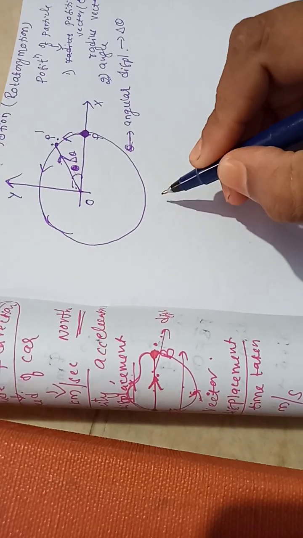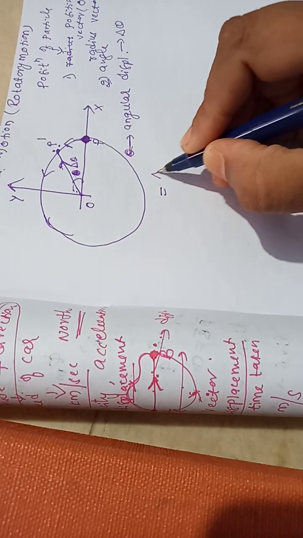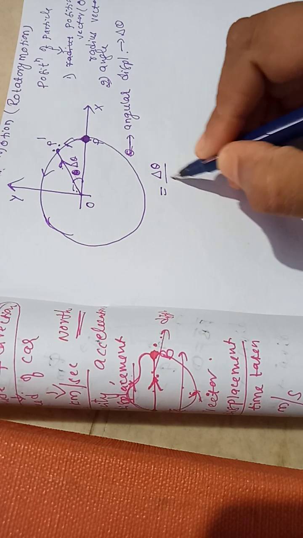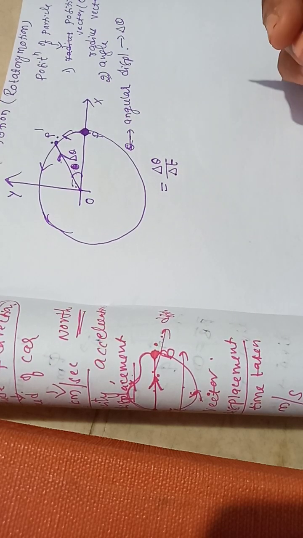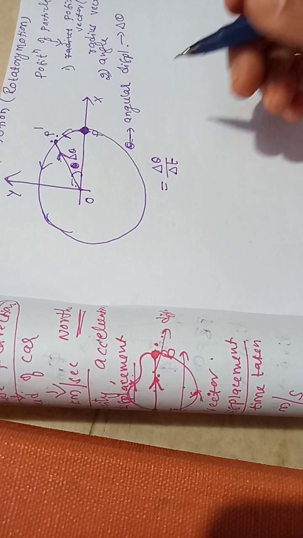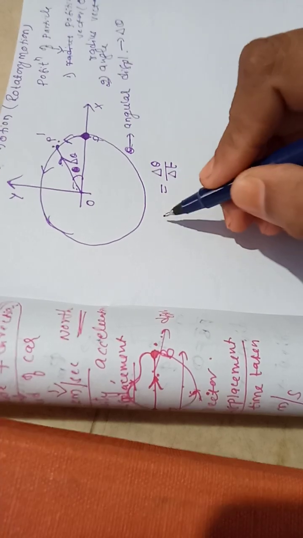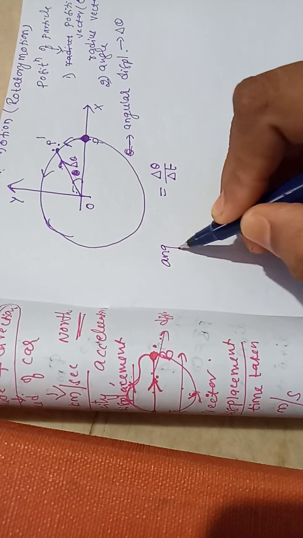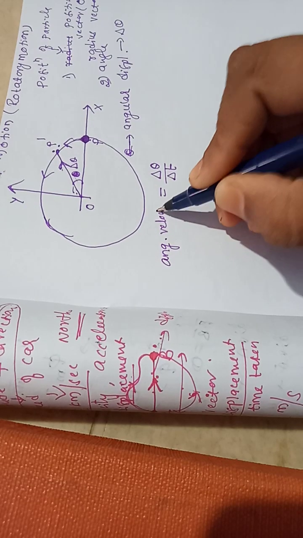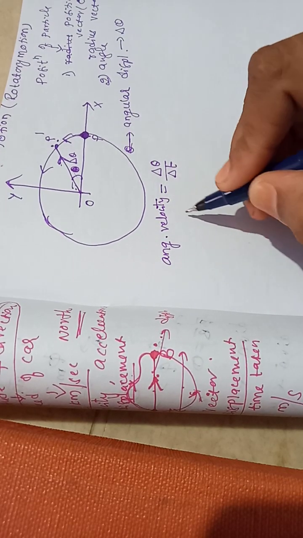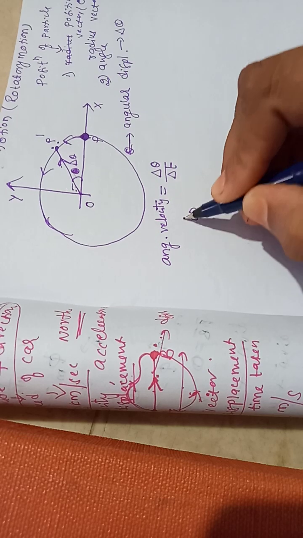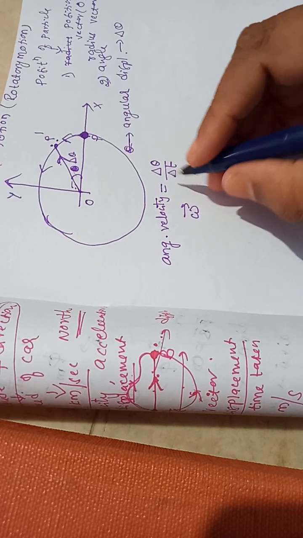Now the velocity can be defined as the rate of change of angular displacement, right? The rate of change of angular displacement we call angular velocity, and it is denoted by omega, a Greek letter omega.